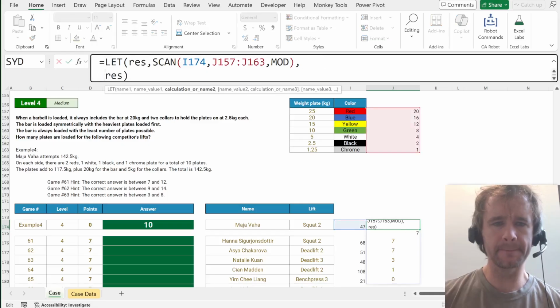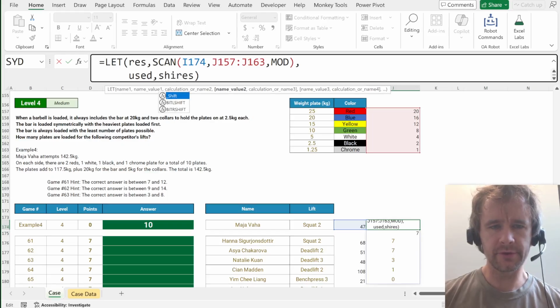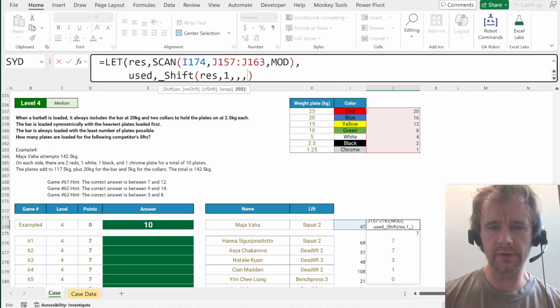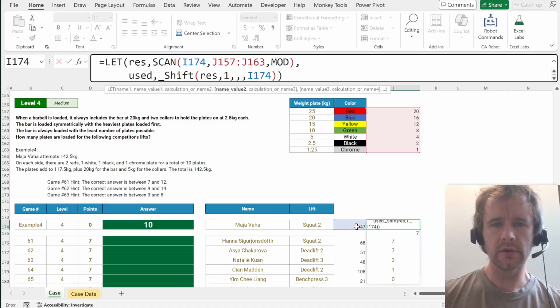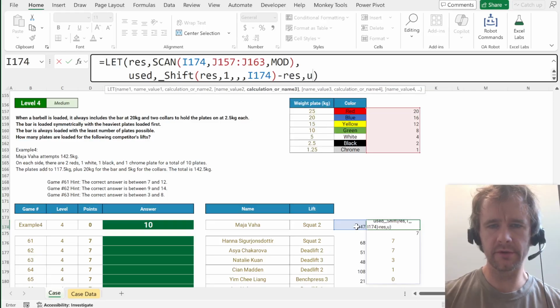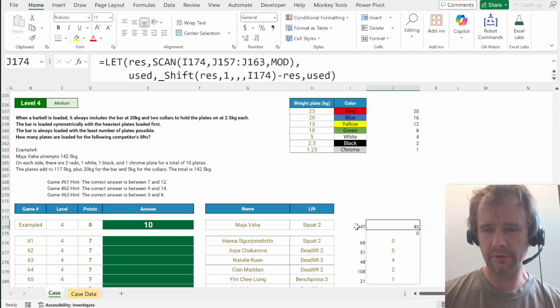So then we say used is going to be shift res. I want to shift it down 1 and fill with this, and then minus res. Show me used. So that says I use 40 here, then 4, 2, 1. That makes sense.